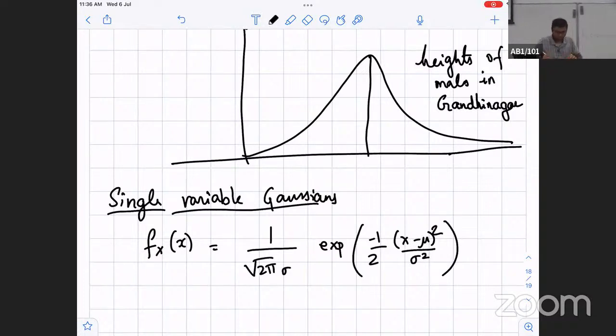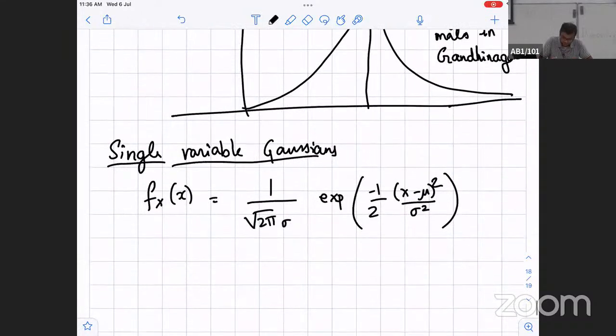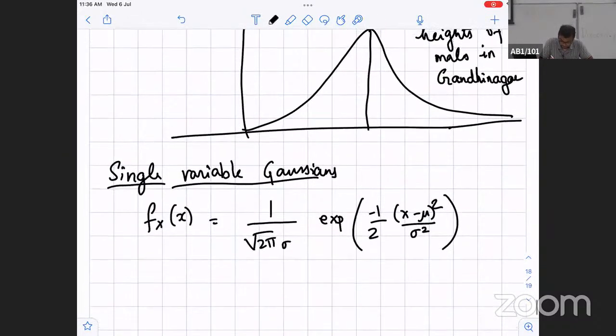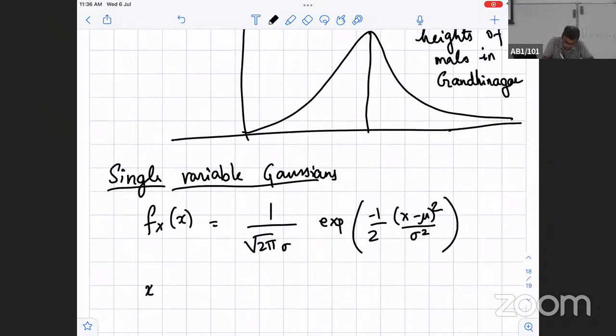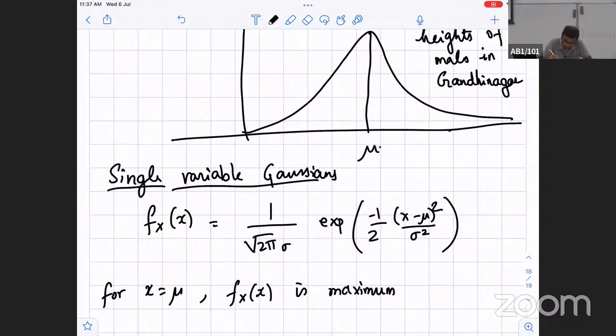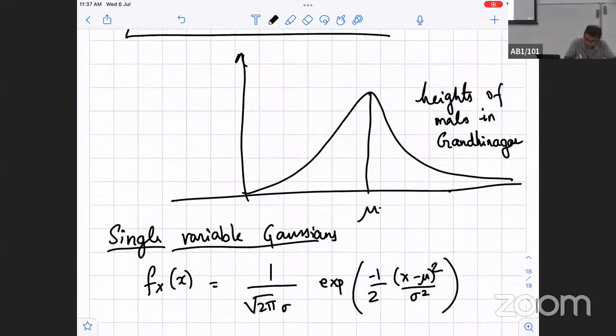If you notice this function, for x equal to mu, the value f_X(x) is maximum. This is the mu, the value is maximum, and as you go away from this mean, the value is symmetric because of x minus mu squared.